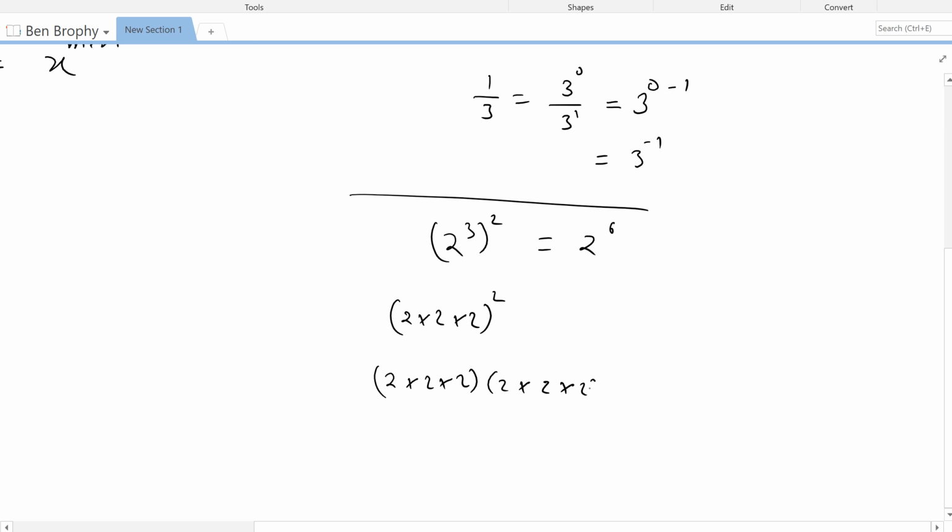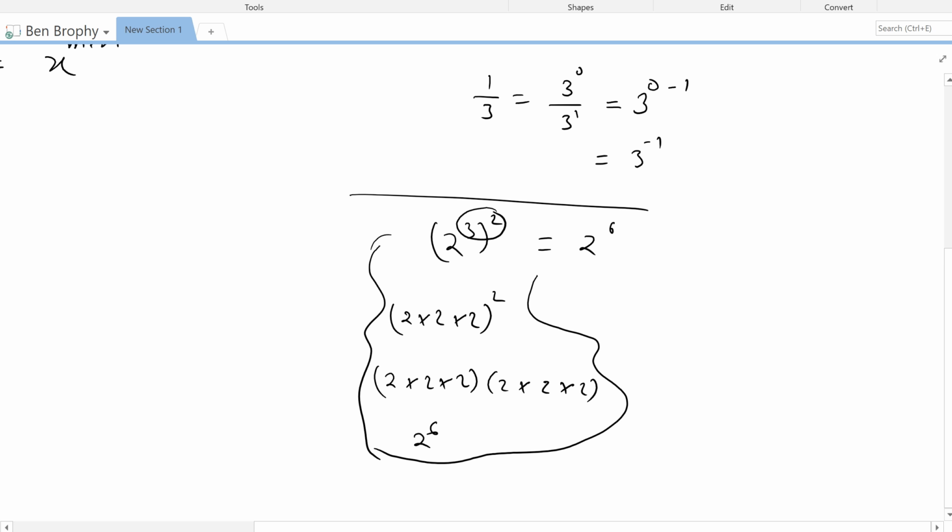You multiply the whole bracket with itself. And how many 2's are we getting there? 6. So we proved that if you solve that, you still get the same thing. So rather than doing it this way, we will just multiply the powers, because there's more work doing it that way.